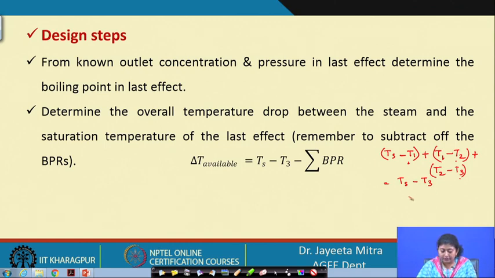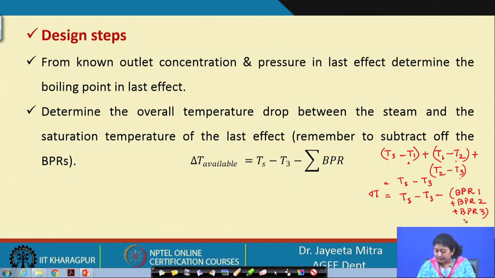That's why the total delta T that we get when the boiling point rise exists will be Ts minus T3 minus, I can write, the boiling point rise in 1 plus boiling point rise in 2 plus boiling point rise in 3.